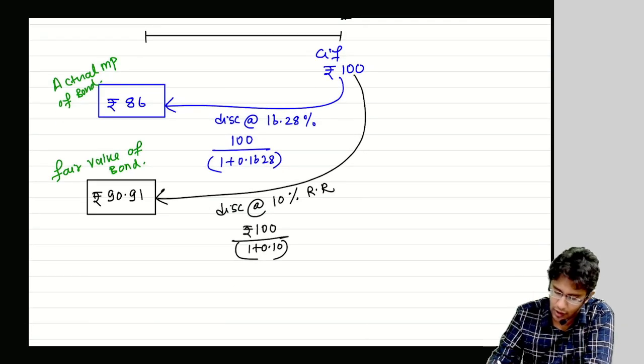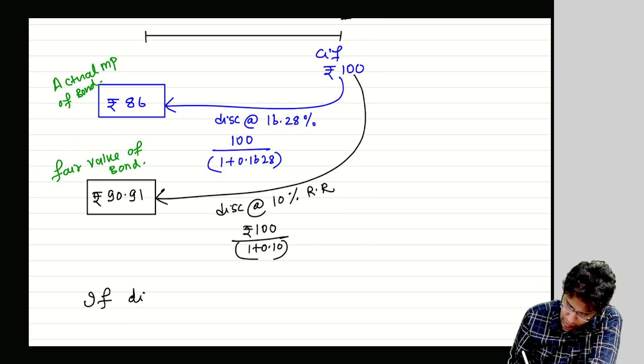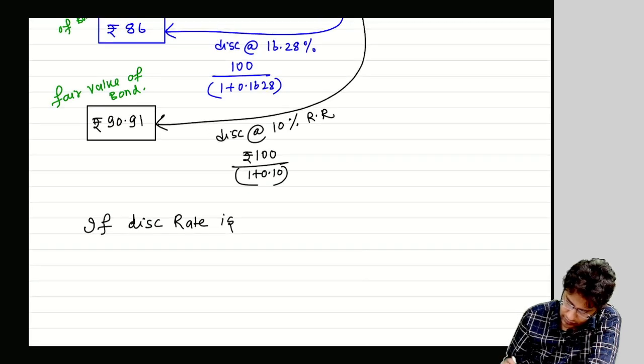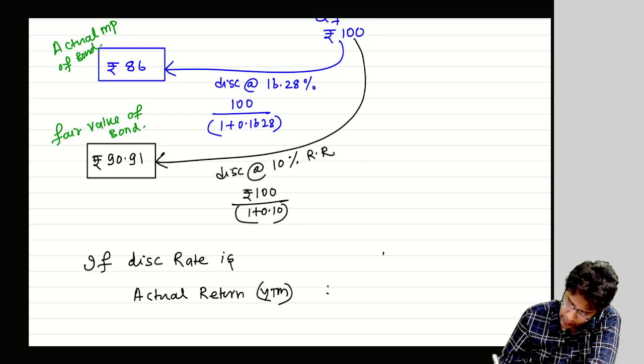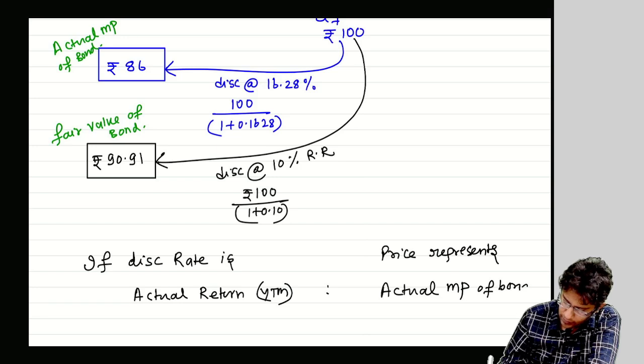From this, what you have to conclude is, if the discounting rate is actual return, which is also called YTM, the price represents the actual market price of the bond.